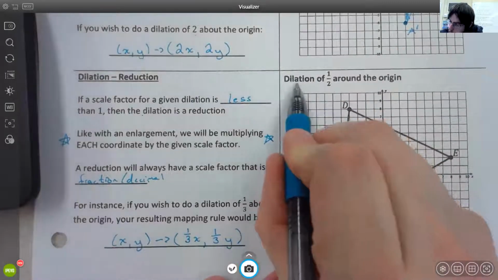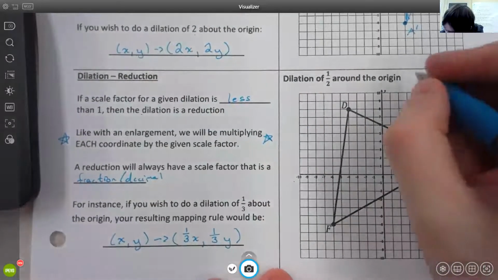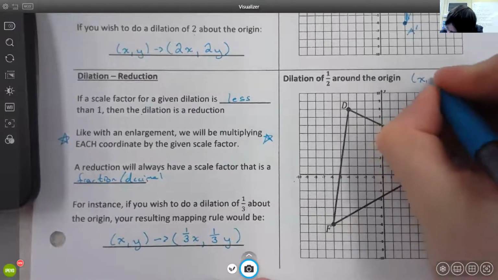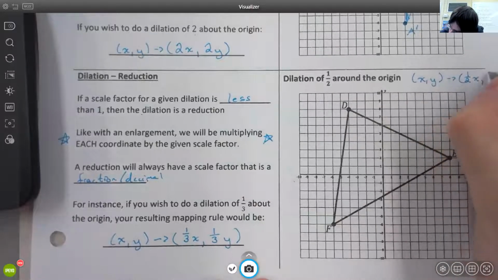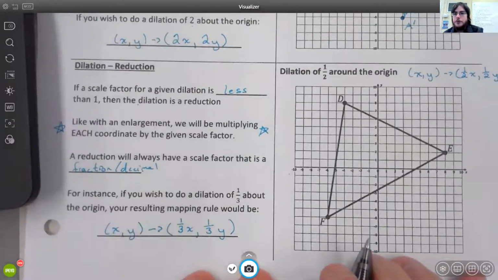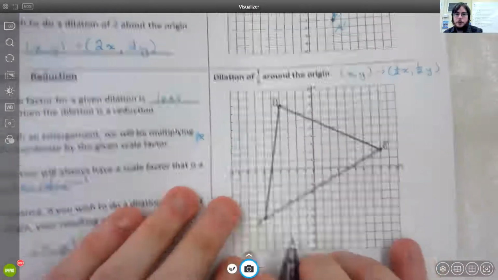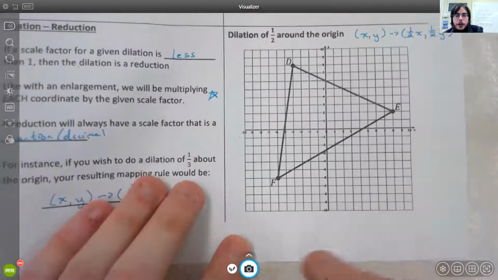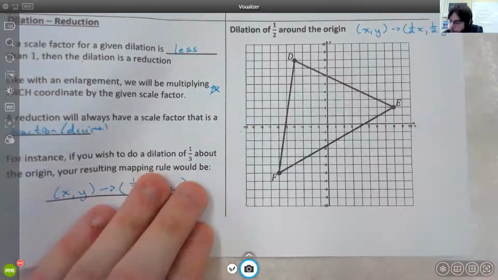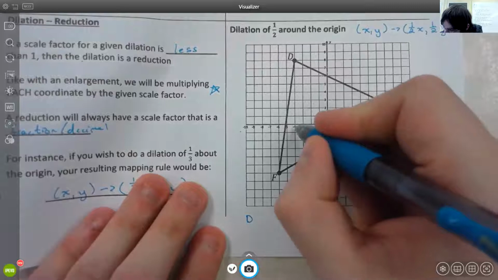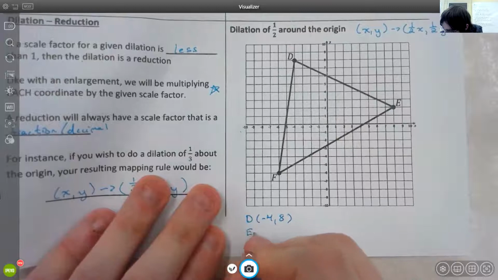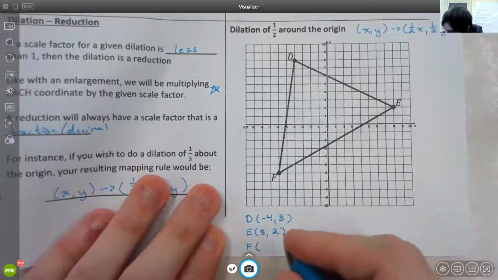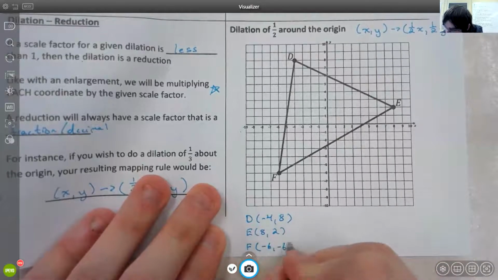In this example, it wants a dilation of 1/2 around the origin. So our mapping rule is (x, y) maps to (1/2 times x, 1/2 times y). Now I'm going to list my points for D, E, and F. D is at (-4, 8), E is at (8, 2), and F is at (-6, -6).